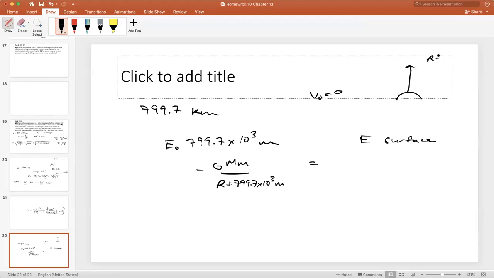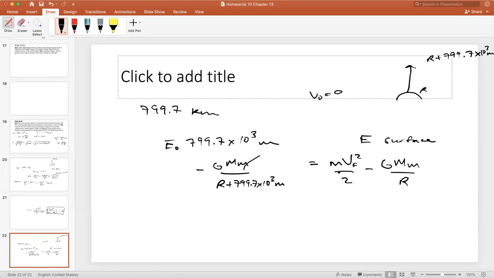It's at R plus 799.7 times 10 to the third meters, right? It's not at 799.7. It's at R plus that. The final is m V final squared over 2 minus GMm over R of the surface. And so we want to find V final here.